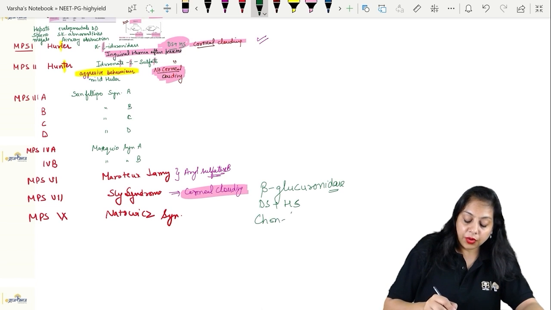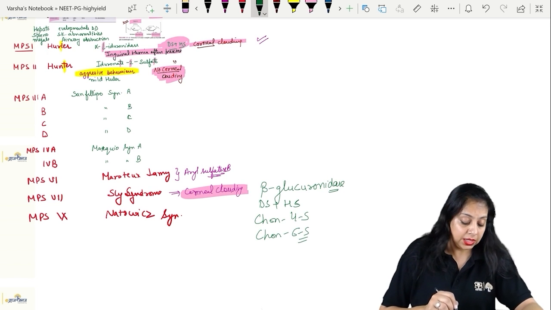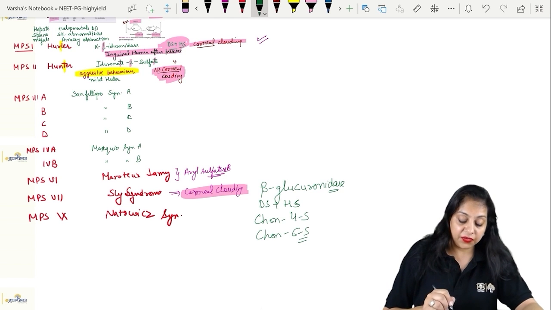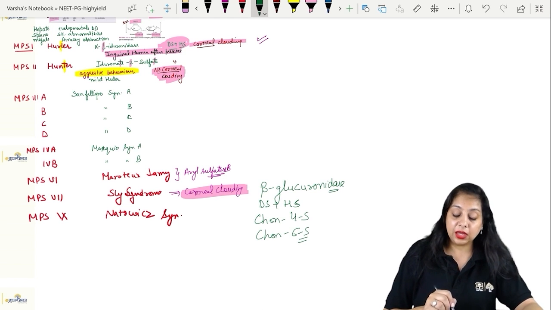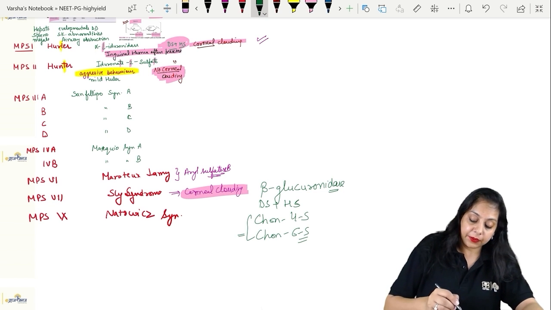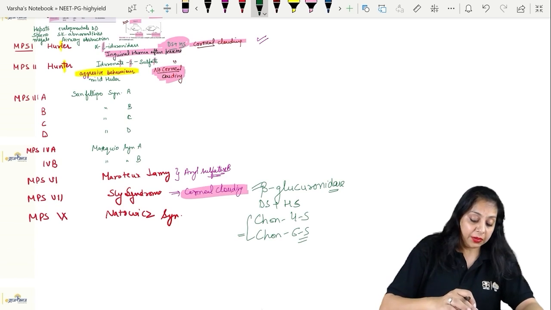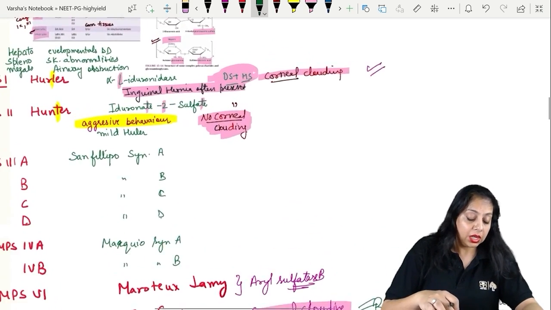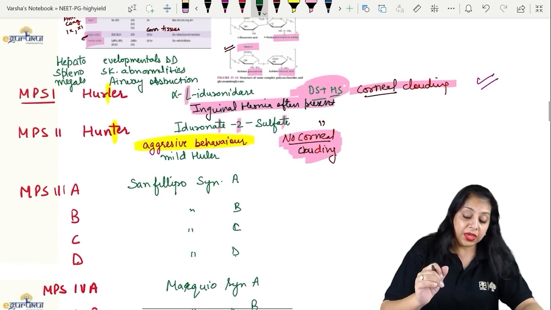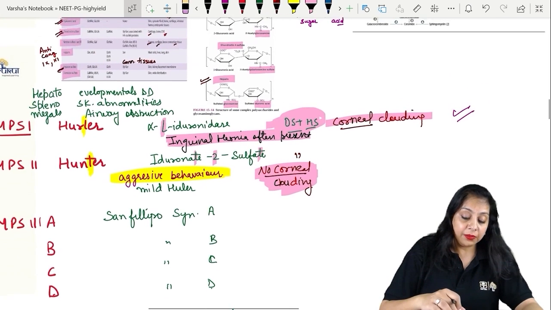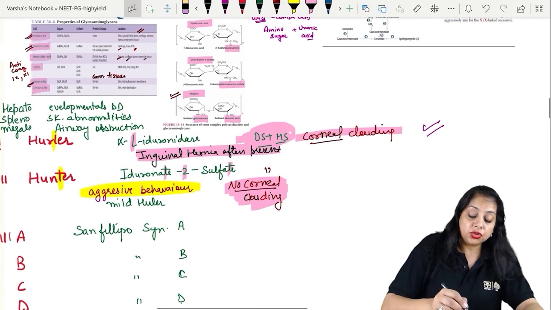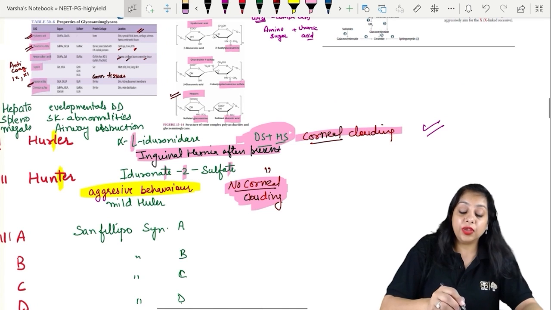Chondroitin 4 sulfate and chondroitin 6 sulfate are also precipitated in Sly syndrome. So it is very, very easy to figure out. The defective enzyme and the heparan and others, these are extra. But the corneal clouding is the same. On that basis, you can figure things out. Now, the Hurler syndrome, MPS 1. I remember very clearly, MPS 1 is of various types actually.